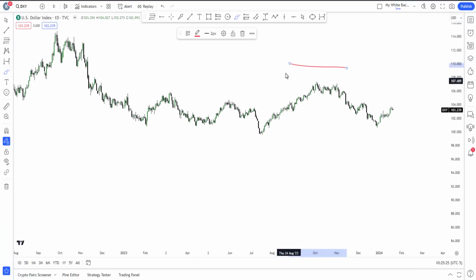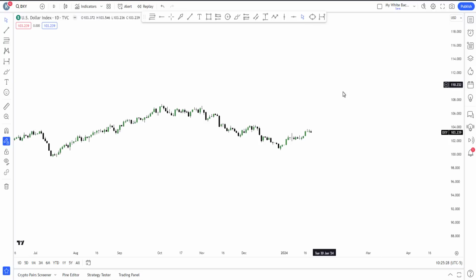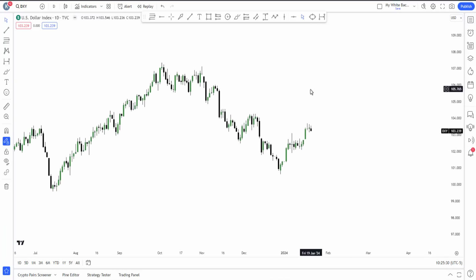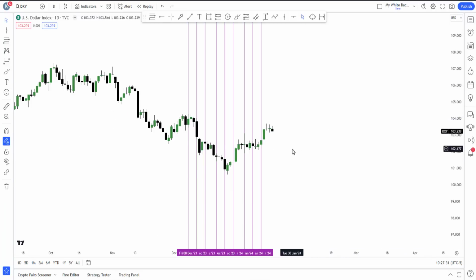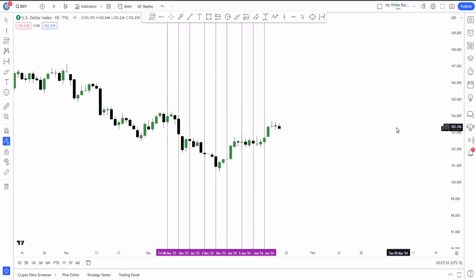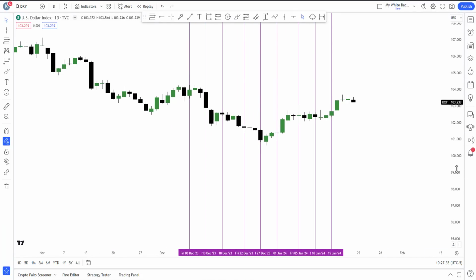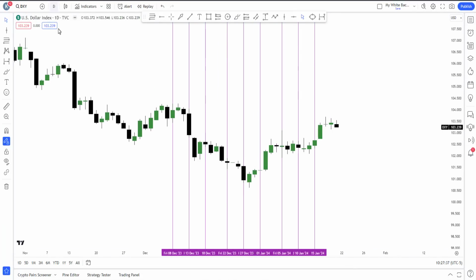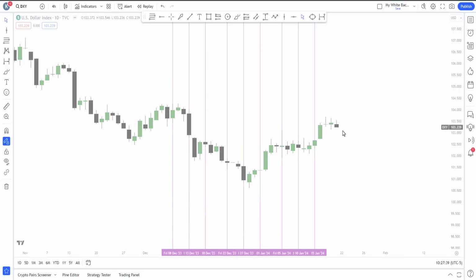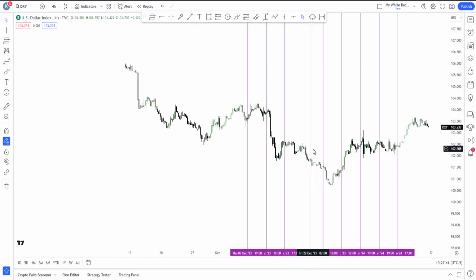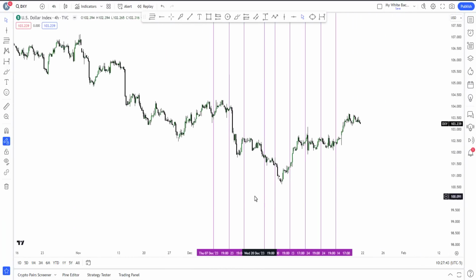Going back to the daily time frame, let's see what we have. Every 5 days you have 1 week. So if I drop down to the 4-hour time frame or any time frame lower, you're going to see what happens. Let me find Mondays.